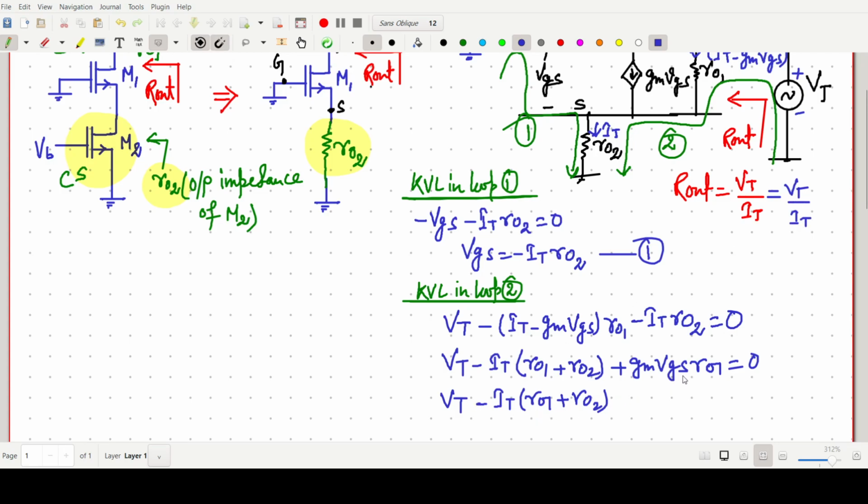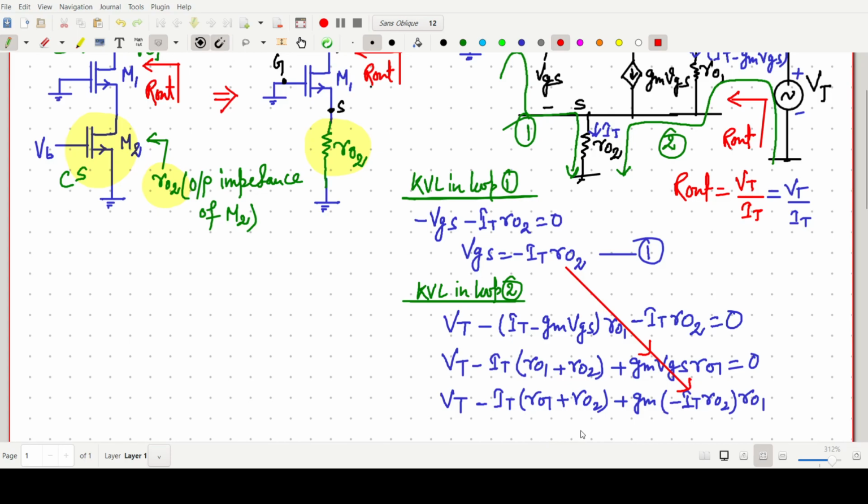Now VGS. We have to replace this VGS with minus IT r_o2. So one can write plus gm VGS is minus IT r_o2 r_o1. We are writing this expression; this VGS value will be this one.